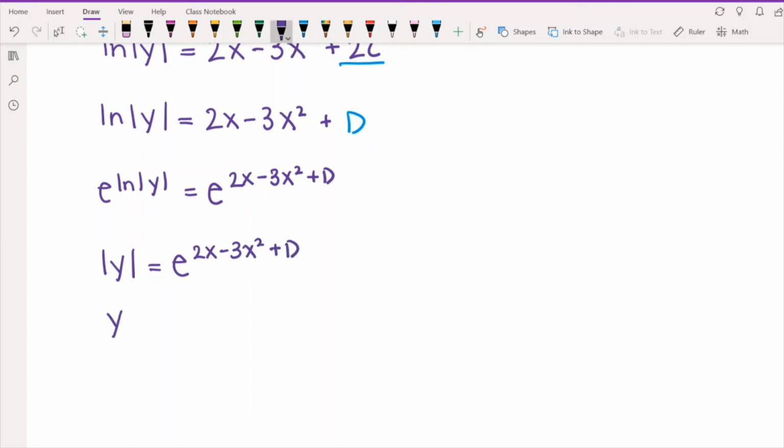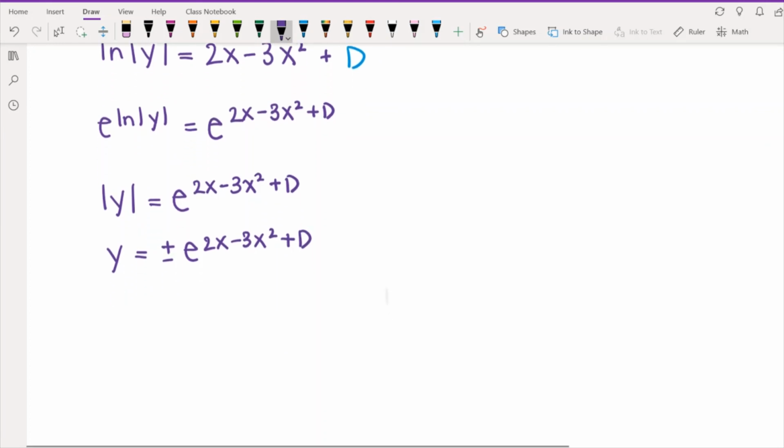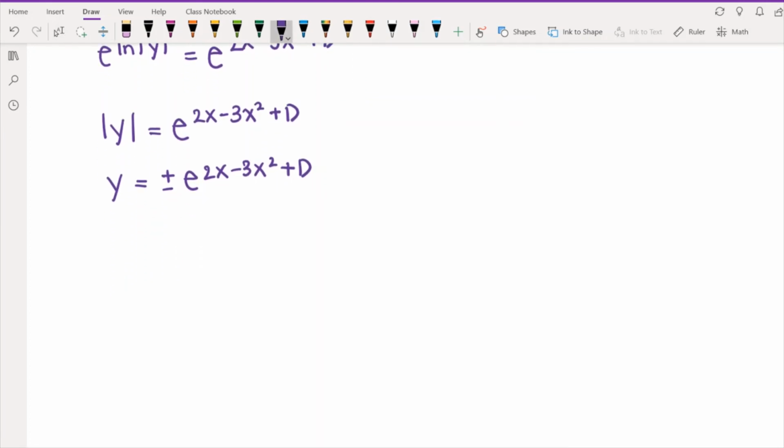And that means that y is equal to plus or minus all of this. But eventually this plus or minus is going to go away because we can rewrite this as e to the 2x minus 3x squared times e to the d. And then we can rename e to the d.